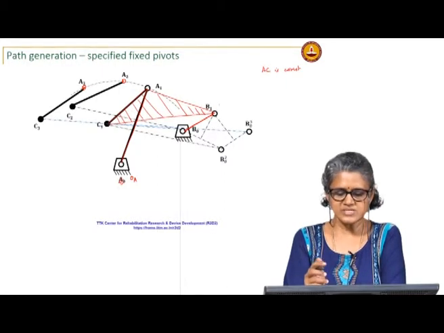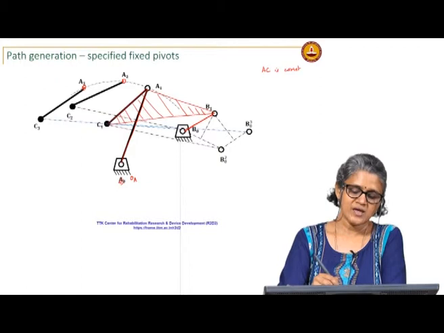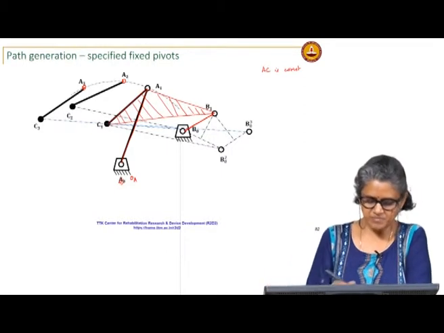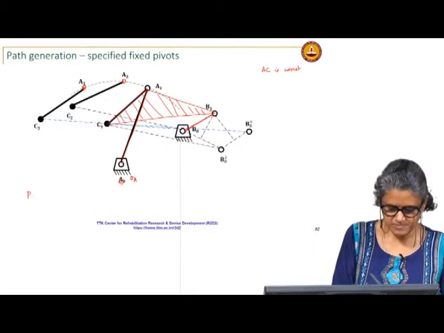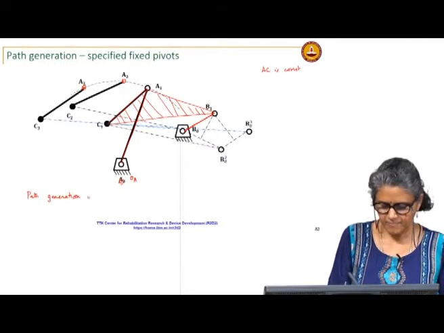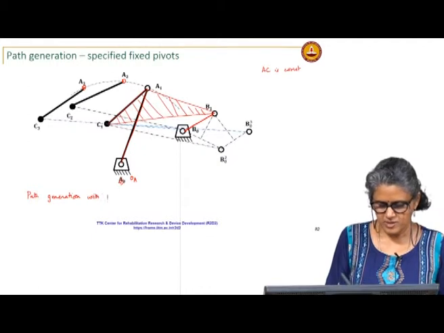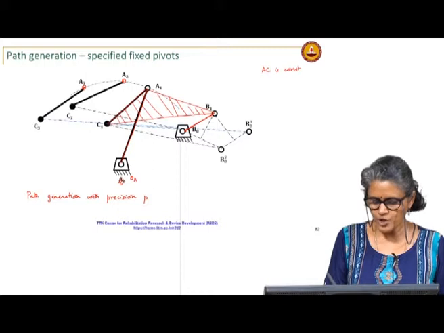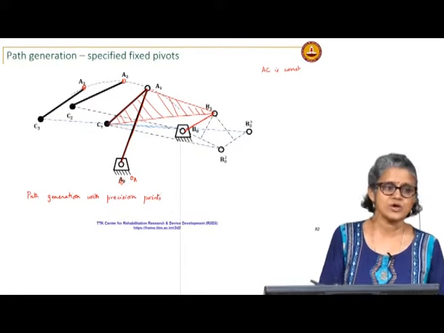Okay. So, this is path generation. We are going to spend time on this later, so this is just what we call path generation with precision points. Precision points are the points that you want to hit in your design.